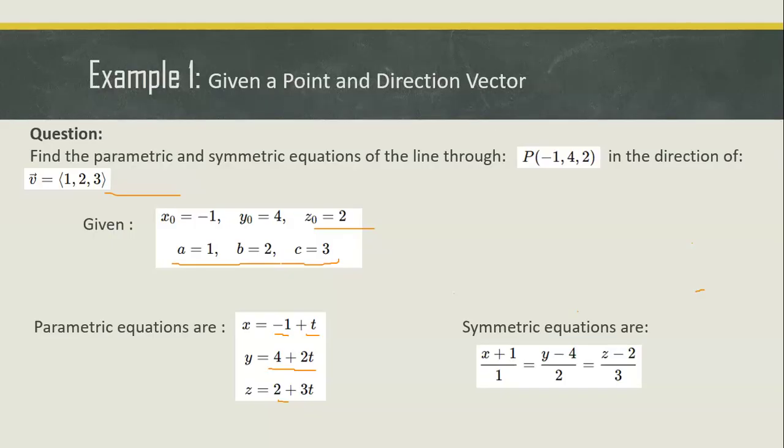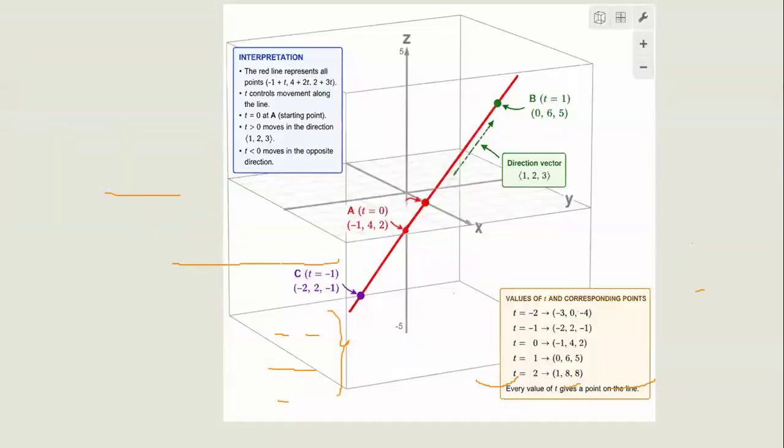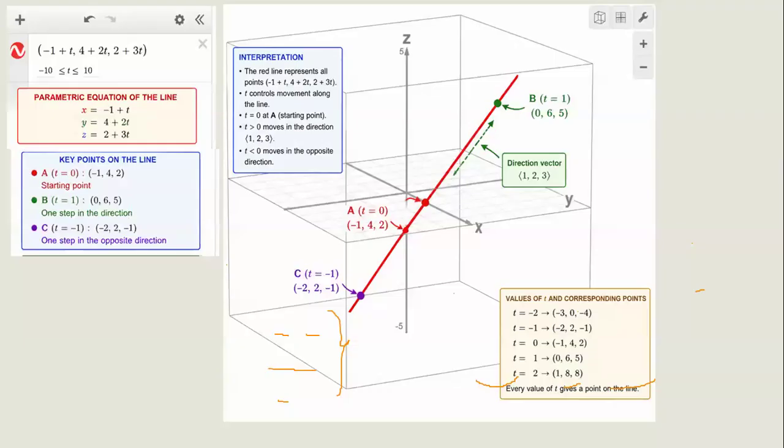And that is how we get (x + 1)/1 = (y - 4)/2 = (z - 2)/3. For all three of these, we made t the subject of the formula from the parametric equation. By putting the parametric equation into Desmos, this is what the 3D graph would look like with the line.